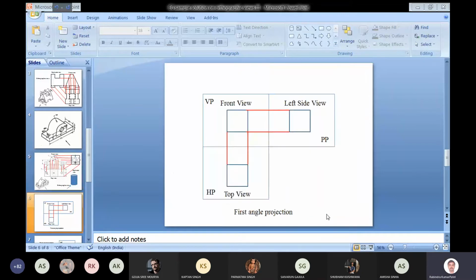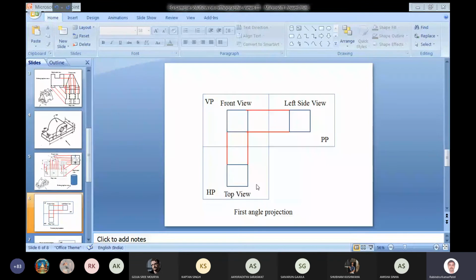So here in this slide, you can see there are three views. How they are aligned is the point I want to mention: the front view is here, the left side view is on the right of the front view, and the top view is below the front view. This is the case of first angle projection.